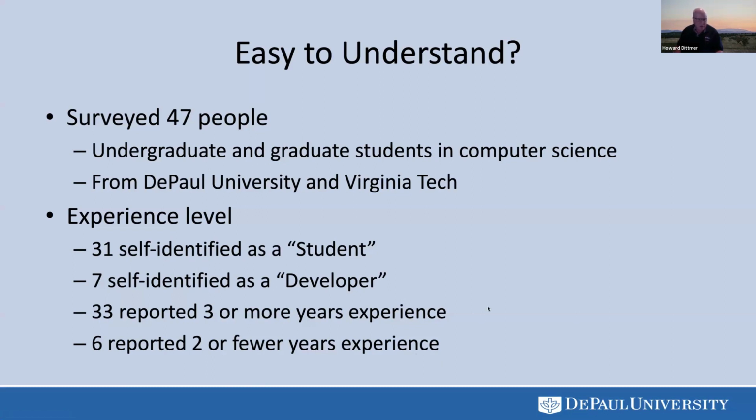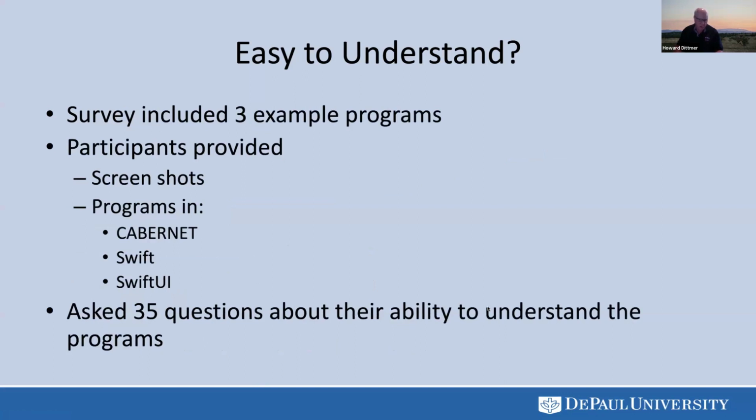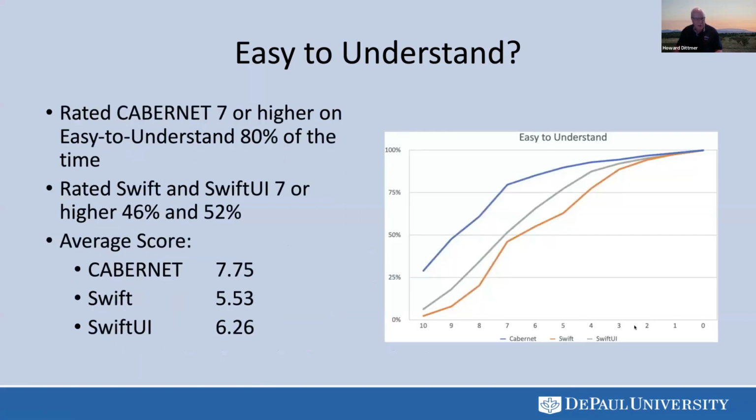And we asked them a series of questions. We gave them the 3 sample programs. We provided them with screenshots, and then we provided them with the source code in Cabernet, Swift, and SwiftUI to create the same applications. And then we asked them 35 questions about their ability to understand the programs. And so how easy was it to understand?